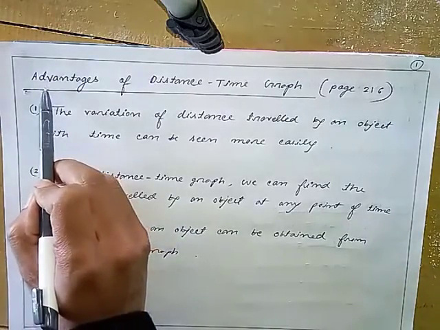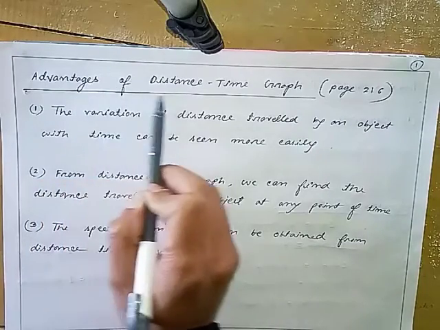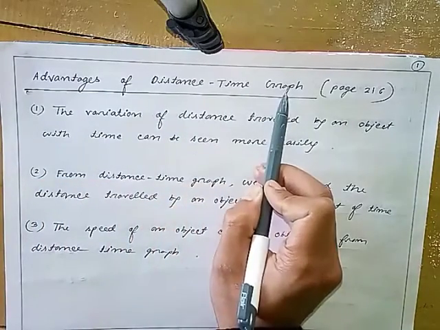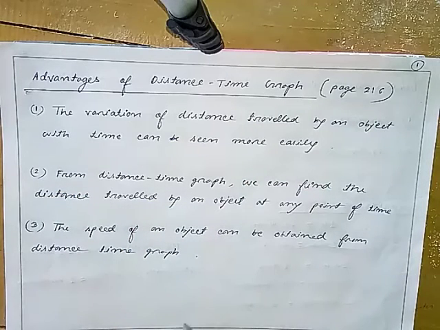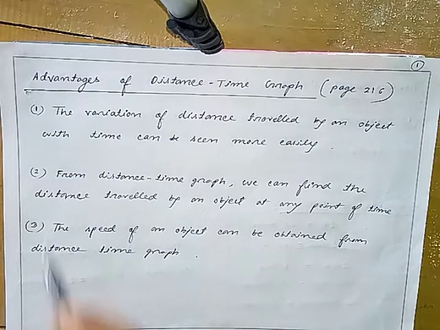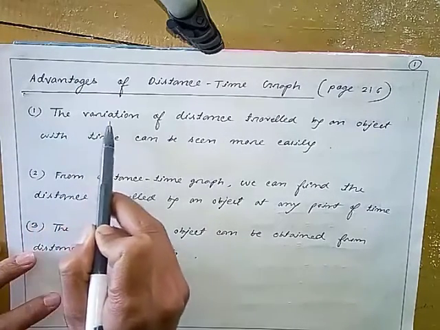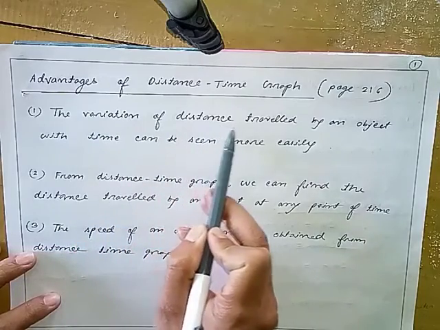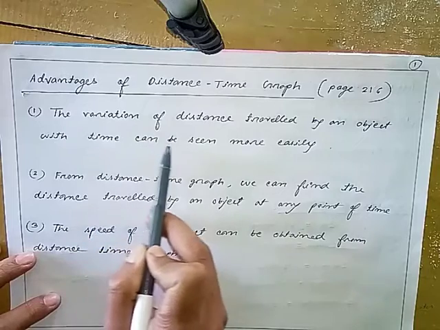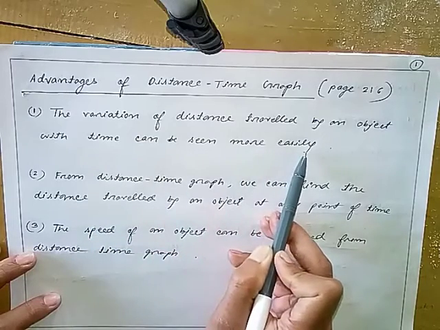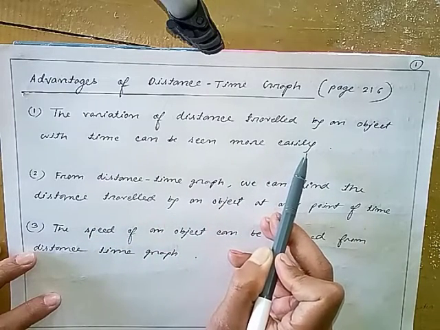Now, advantages of distance time graph. What are the advantages or the usefulness of distance time graph? The variation of distance traveled by an object with time can be seen more easily or more clearly.